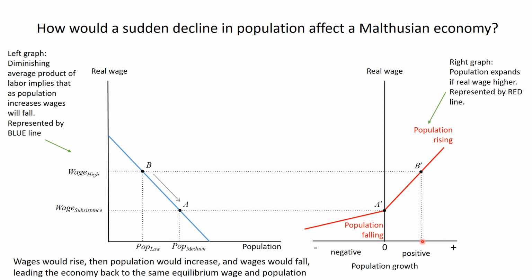As population grows, wages are going to fall, and the equilibrium level of wages that are consistent with the stable population, that's something that has not been changed at all by this sudden decline in population. And that means that we're going to, over time, get back to point A, where we started with.